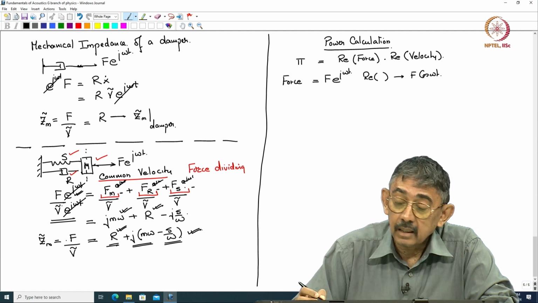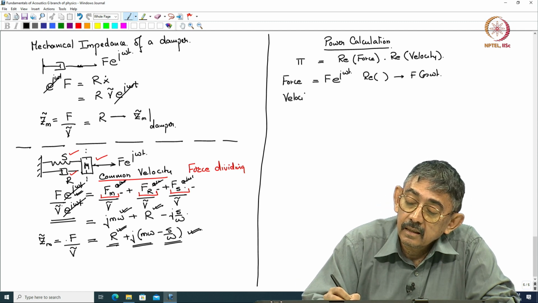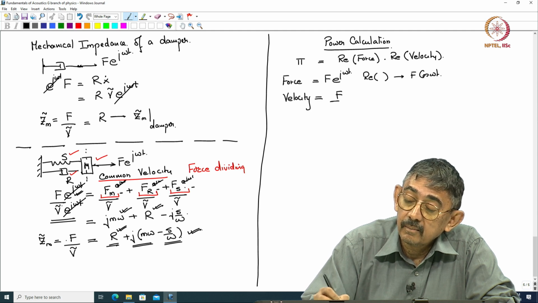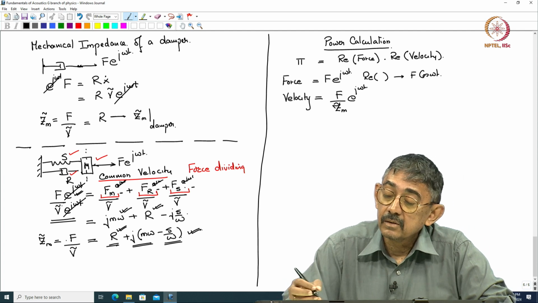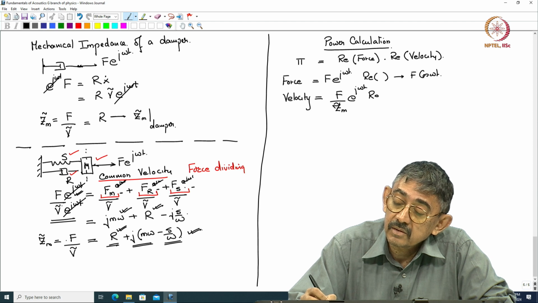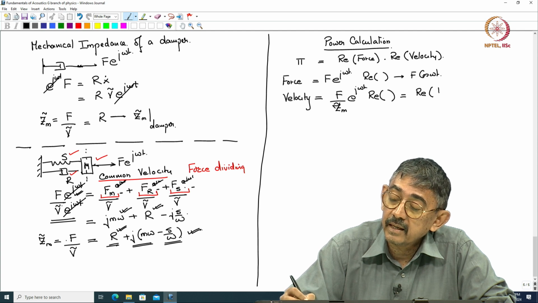Now the velocity is F by z mechanical e to the power of j omega t, so that the real part of the velocity is given by the real part of F by z mechanical tilde e to the power of j omega t.